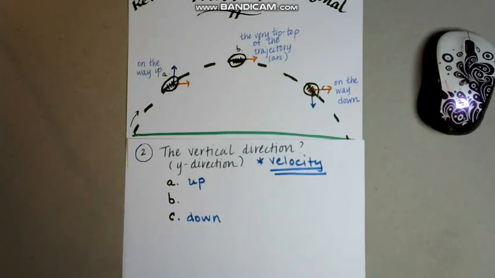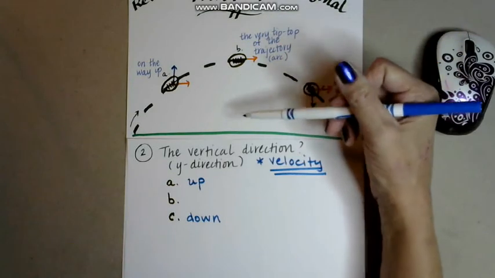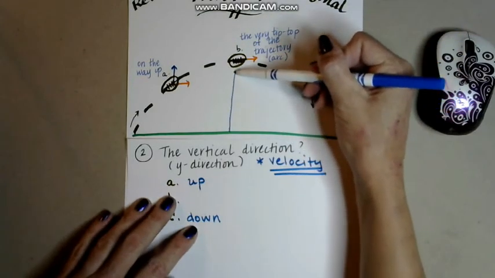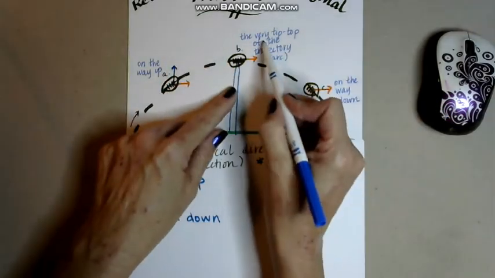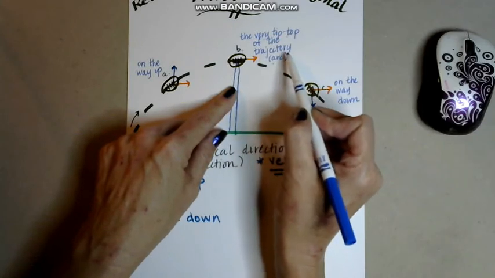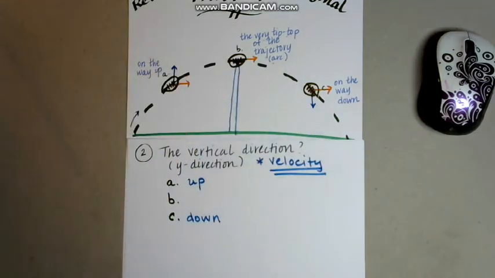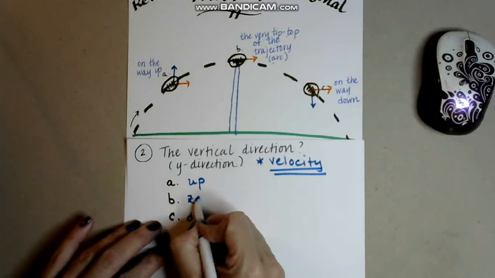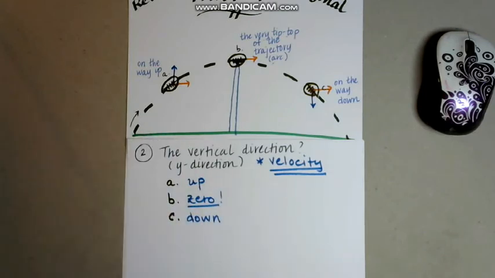Remember we talked about throwing something straight up in the air and having it come back down. What happens at that infinitesimally small point in time when it reaches the tip top of the trajectory? What happens to the velocity? For an infinitesimally small point in time, it is actually 0. That is the y velocity, the velocity in the vertical direction, up and down.